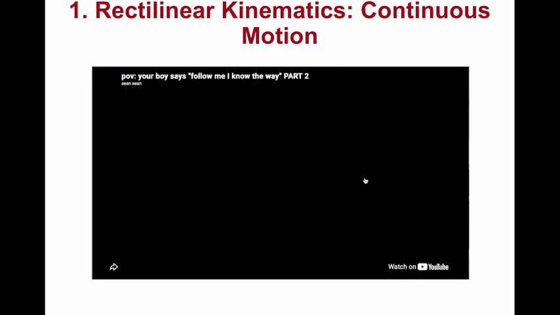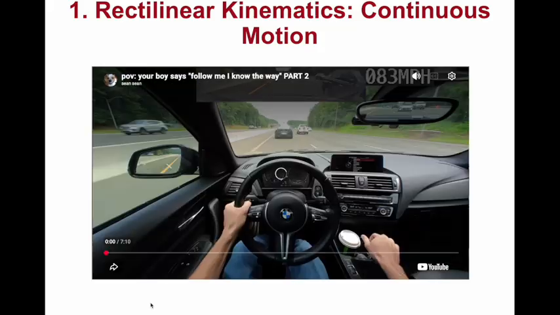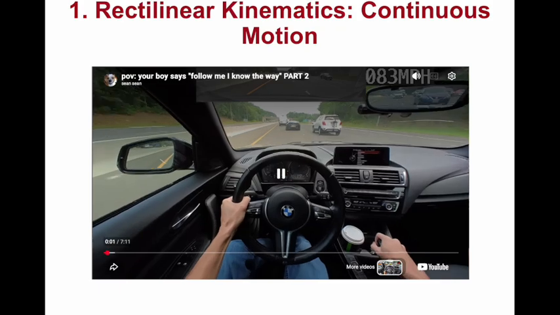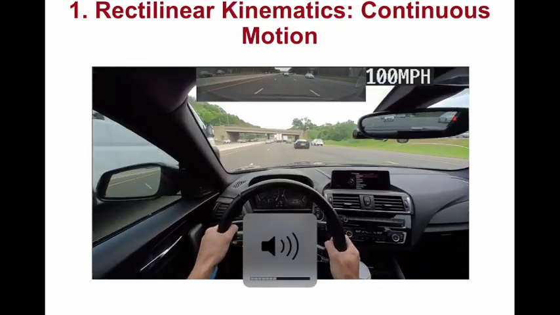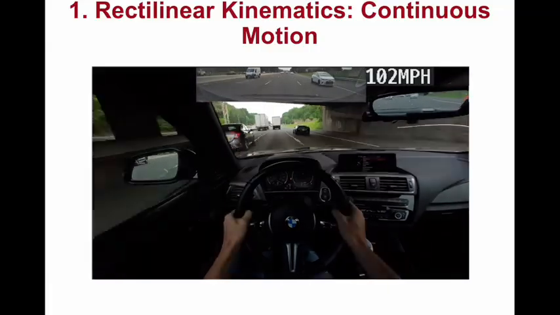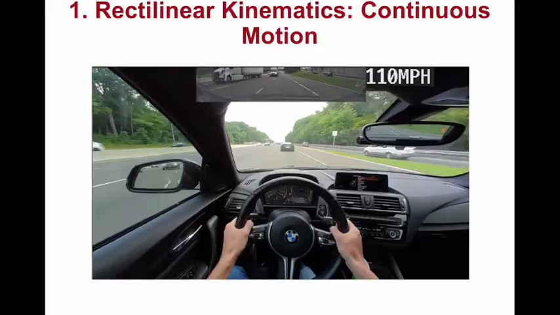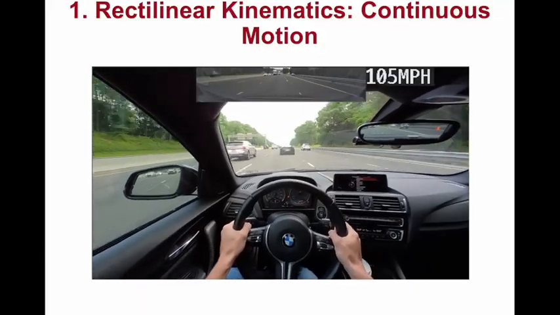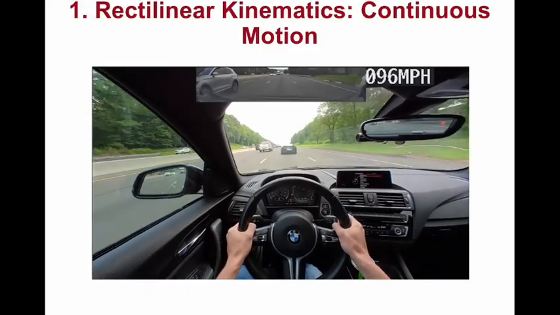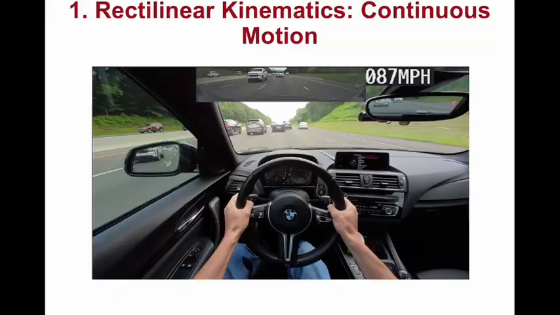I have this video here just to have an idea of what we're going to discuss. So as we can see right now, the car is just going in a straight line, but the car is accelerating, decelerating, the velocity is increasing, the velocity is decreasing.